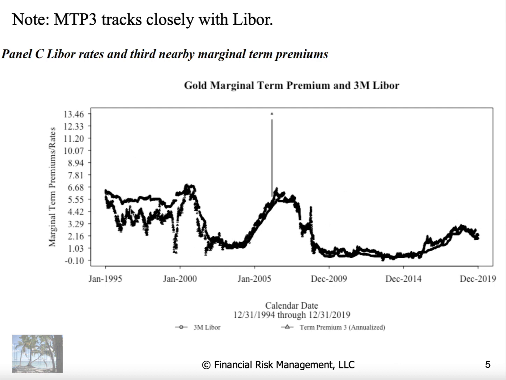Initially, the marginal term premium is reflecting significantly more or less carry cost than just the LIBOR rate. So perhaps this market was not a fully arbitraged market at this point, but became so over this window of time.